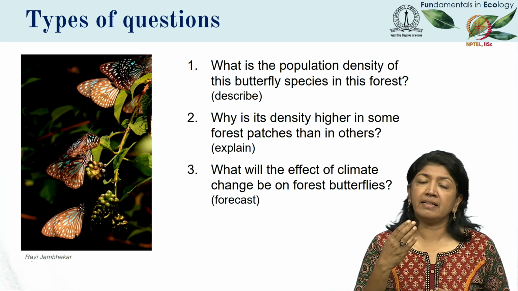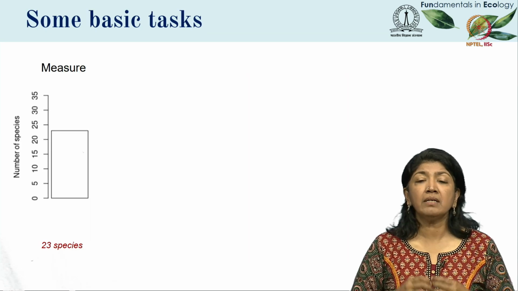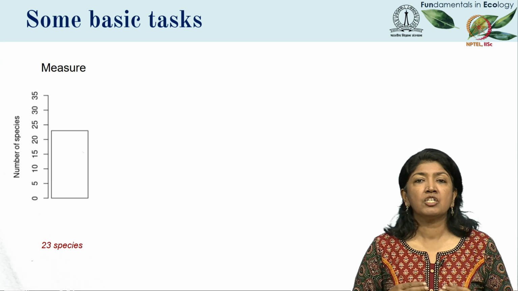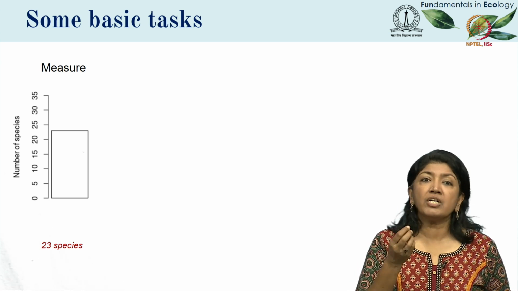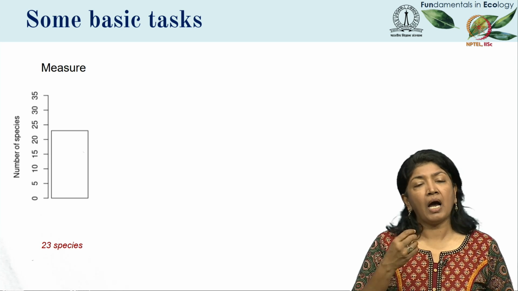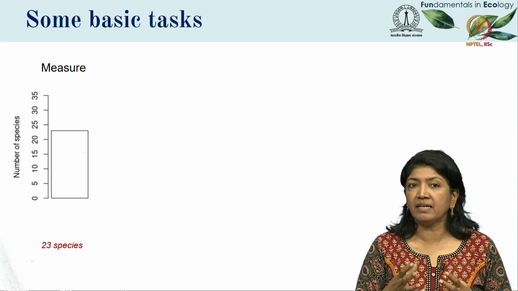To address these types of broad questions, there are some common basic tasks that we might be interested in. So, one task might be to measure a quantity. So, for example, we might want to measure how many species are there in a particular habitat, say a grassland.